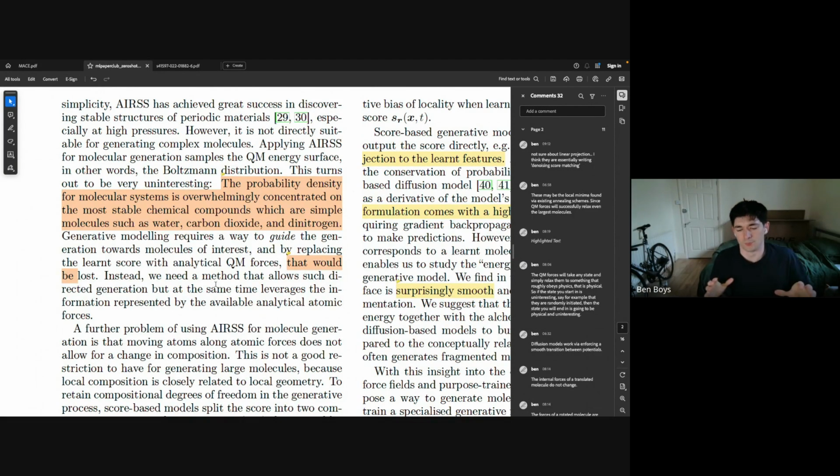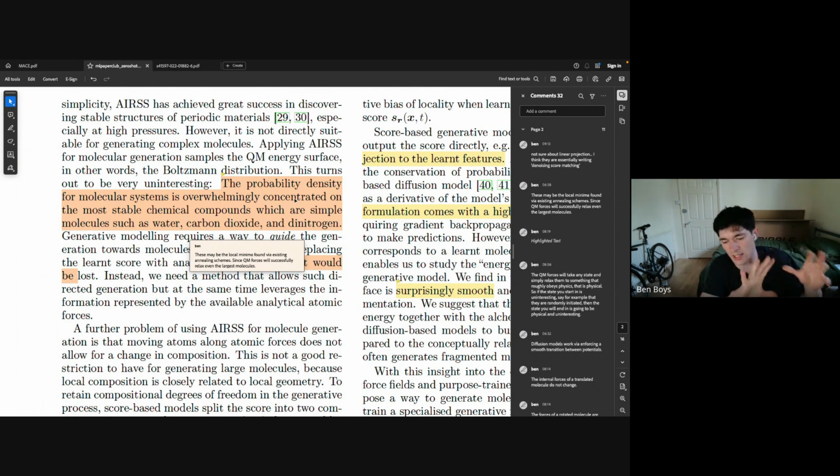I don't know if I agree, and I'm not an expert at all, that the probability density is concentrated only on the stable compounds, because you would expect that for any physical molecule, the probability density is concentrated there.